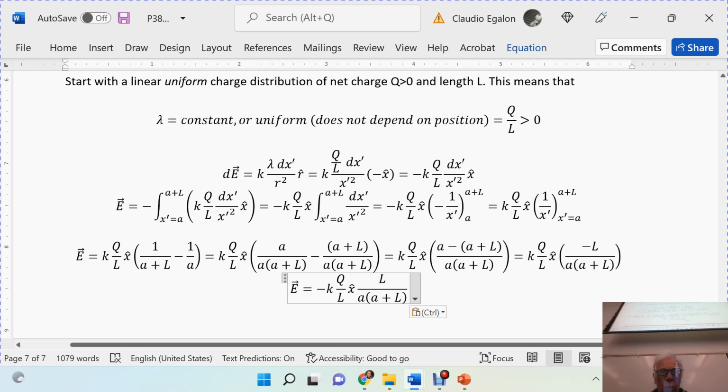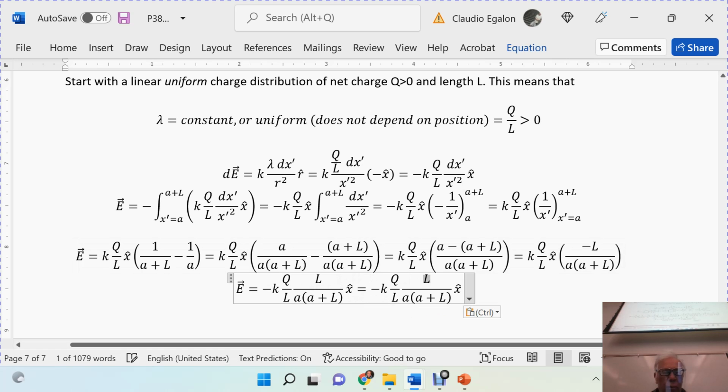I'm going to reorder my x hat. Put there. And the next step is to cancel the L. Try to make it as simple as possible.